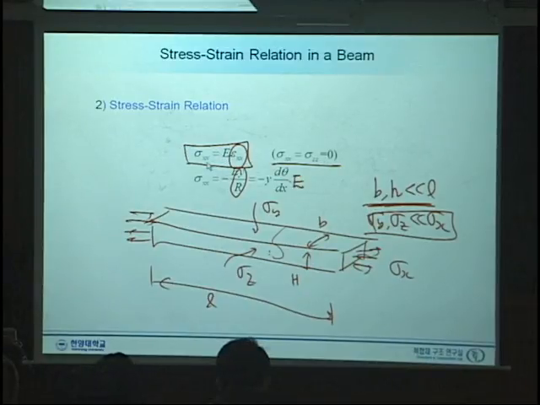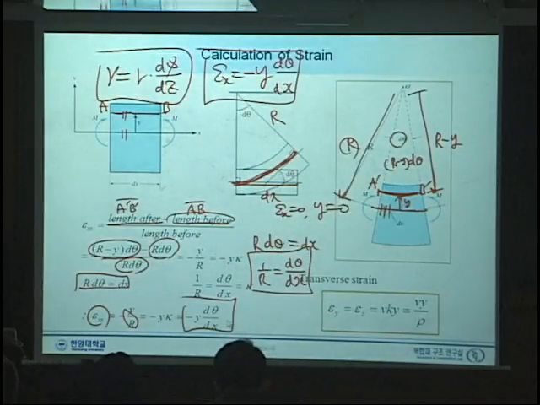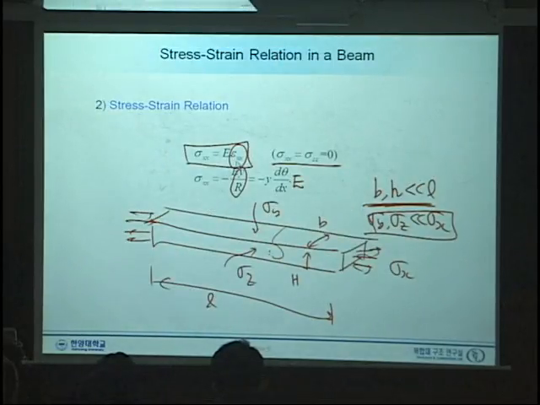So simply one directional stress-strain relations. And this strain was obtained here. So sigma x is minus y d theta dx times Young's modulus. That's the sigma x.